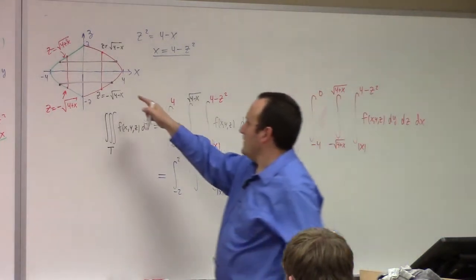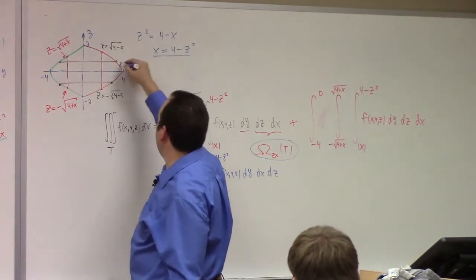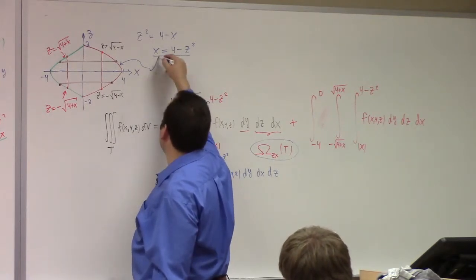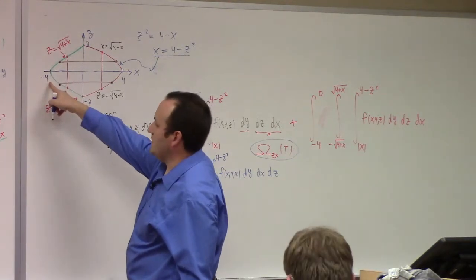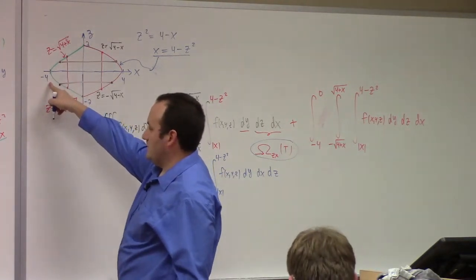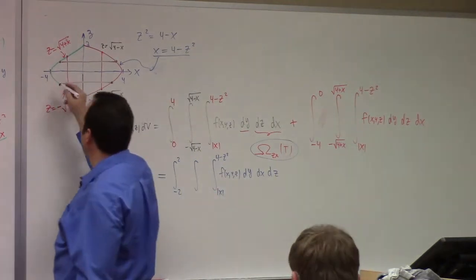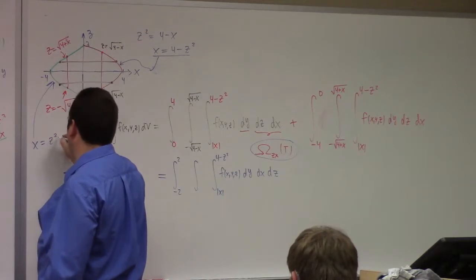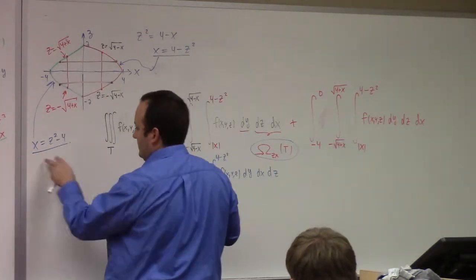What's the red curve here? Well, it's right there, right? It's x equals 4 minus z squared. And the green curve is x equals 4 plus z squared, right? Oh, no, what is this one? This one is x equals z squared minus 4, right? If I solve this, I get that, right?